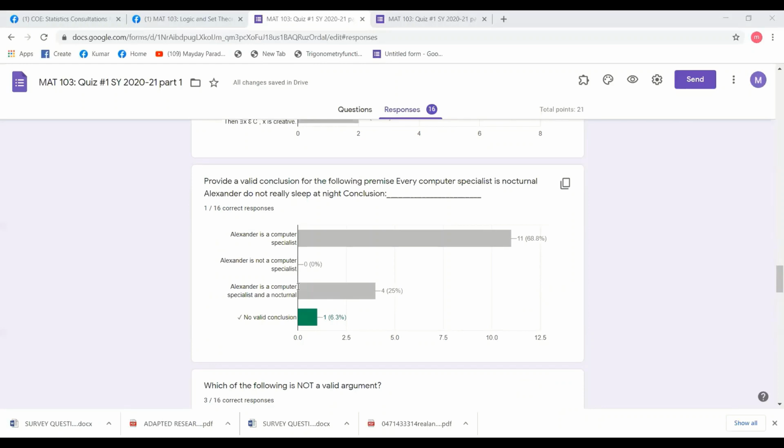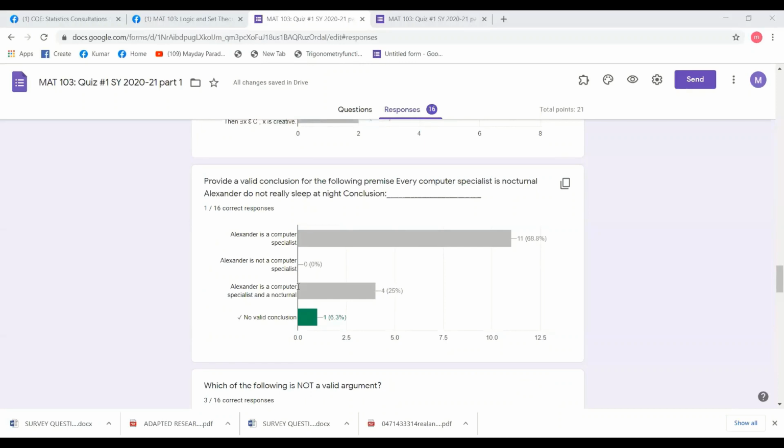The two valid arguments we can write here are either modus ponens: if P then Q, and P, therefore we have Q. Or modus tollens: if not Q, and P implies Q, therefore not P.